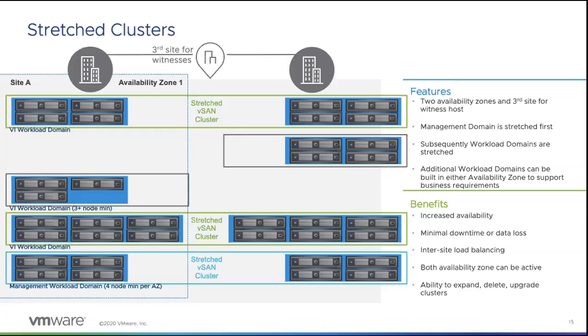So even in this scenario, it can be deployed in either of them. You don't have to just deploy on site one and not on site two. It's pretty much doable on both sides. And again, the whole LCM thing applies to even stretched clusters. You're going to be able to upgrade, expand, delete, all of that in this scenario as well.